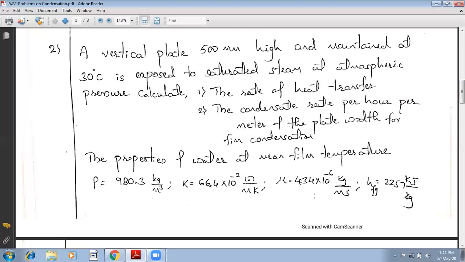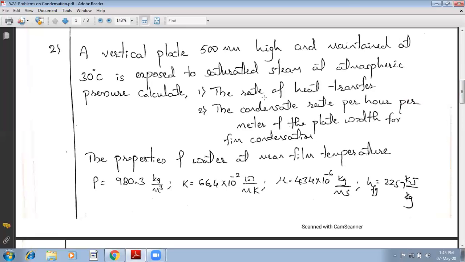It means that if you express the dynamic viscosity 434 into 10 raised to minus 6 Pascal second, it is the same as 434 into 10 raised to minus 6 kg per meter second. This you can do out of your basic knowledge on unit conversion. And the latent heat HFG is given as 2257 kilojoules per kg.